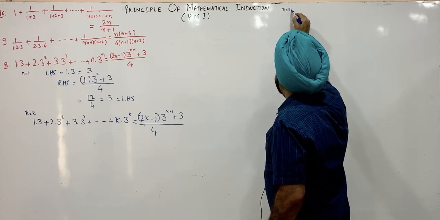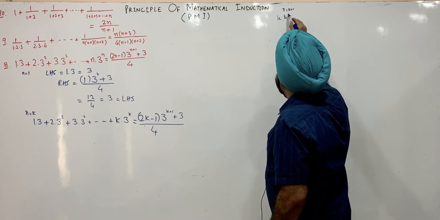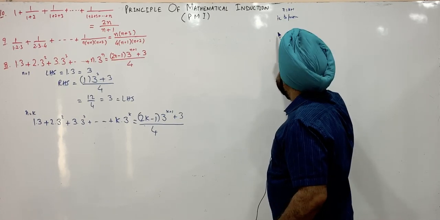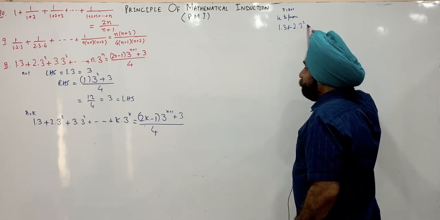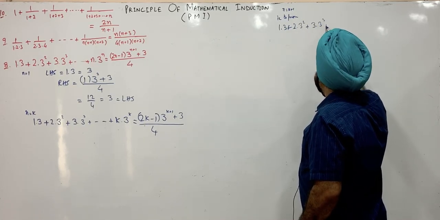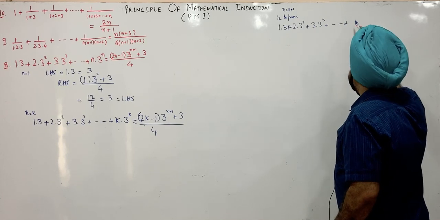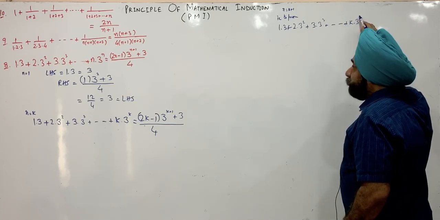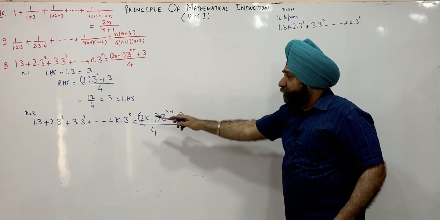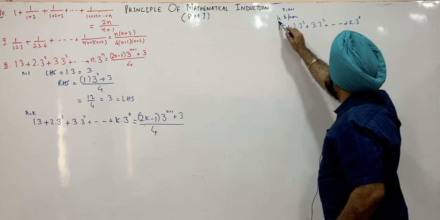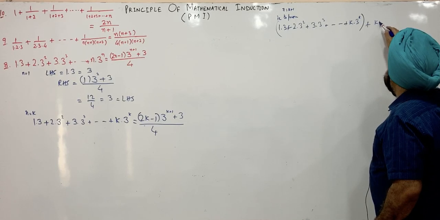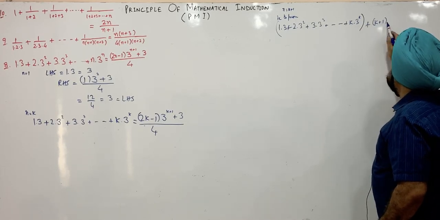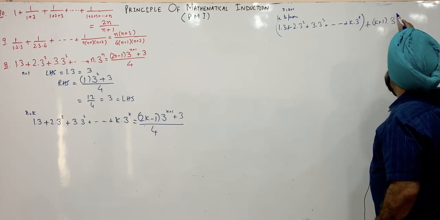For n is equal to k plus 1, we have to prove 1 into 3 plus 2 into 3 square plus 3 into 3 cube and so on, then k into 3 raised per k. So this is the sum of k terms, and we add the next term, which will be k plus 1 into 3 raised per k plus 1, with k replaced by k plus 1 in both places.